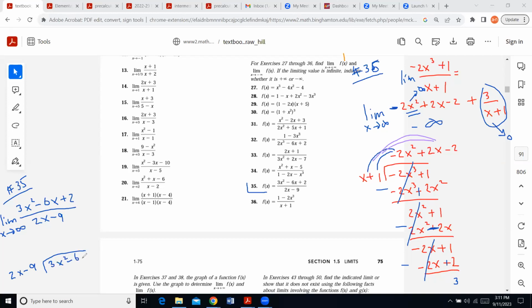So here's my division. Now I divide first terms. I divide 3x squared by 2x. So how many times do I need to take 2x to produce 3x? And it turns out it has to be 3/2 x. You see what happens? Then I have to multiply these and I will get 3x squared, but the next term will be 9 times 3, which is 27/2.